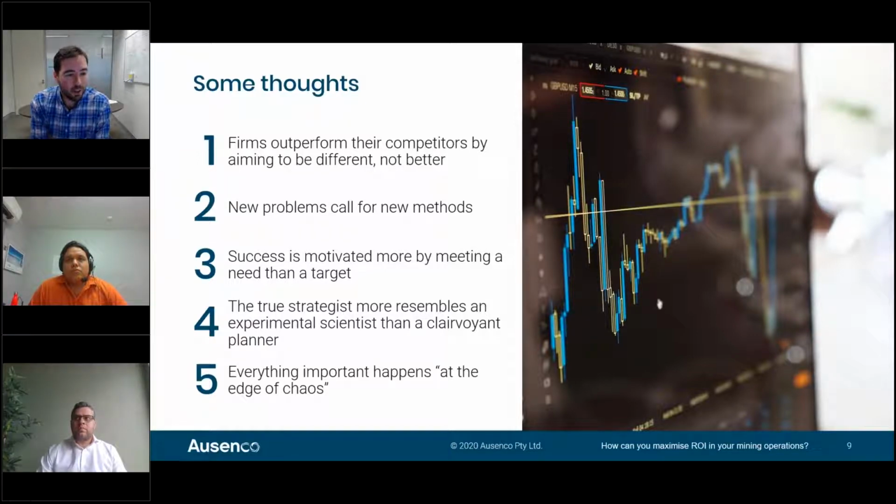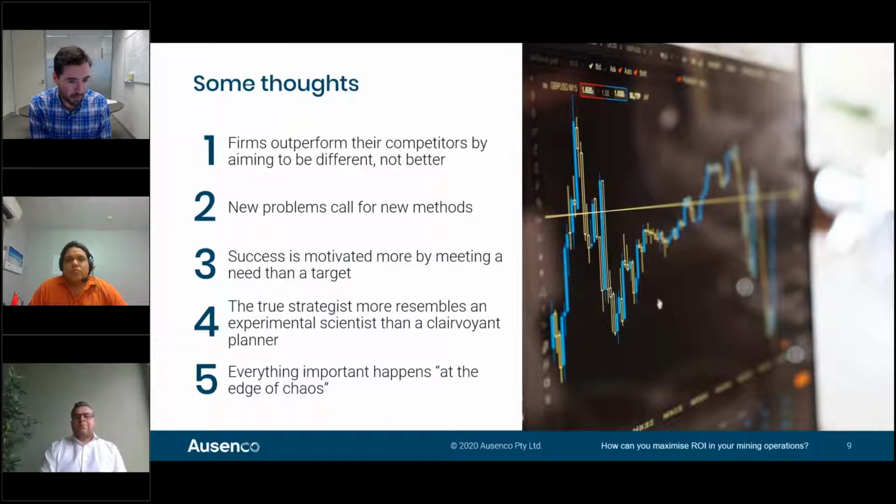Success is typically motivated more by meeting a need than a target. So there's quite a long history of sites that have become successful when they have had to be successful. Those that haven't had to be successful can accept the status quo and generally don't perform as well as those that need to be better, for example, coming near end of mine life or being uneconomic.